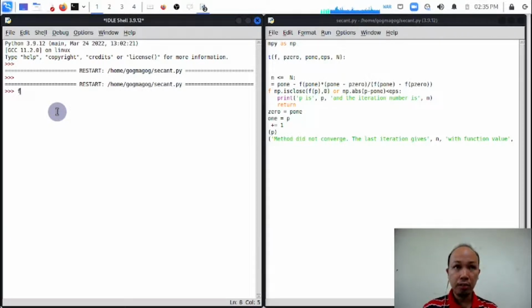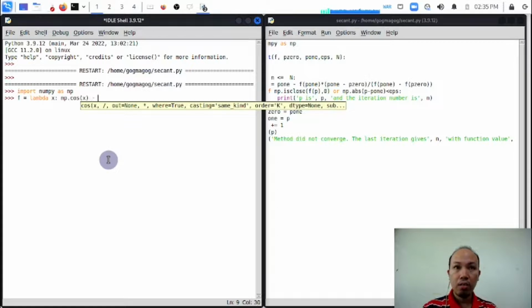Let's define the function, the one that we did before. F equals lambda x. First, let's import numpy as np, and then cosine x minus x, that one.